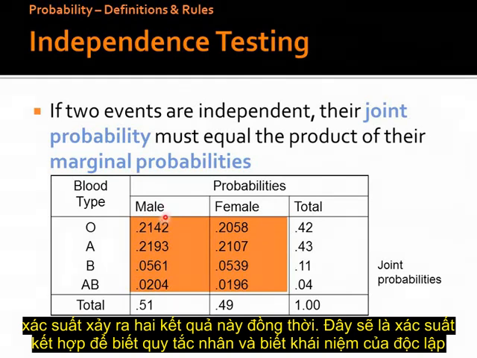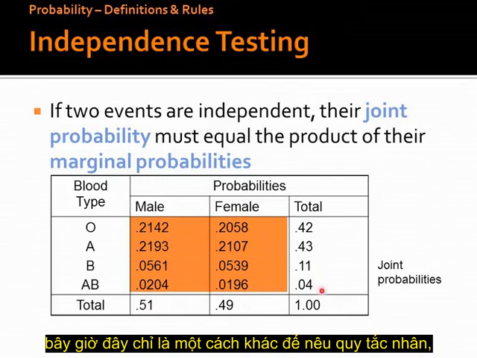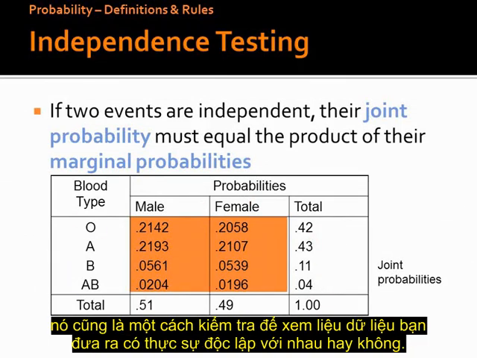So knowing the multiplication rule and the concept of independence, if two events are independent, then their joint probabilities, all of them here, must equal the product of their marginal probabilities. This is just another way of stating the multiplication rule. It's also a way of testing whether the data you are given is actually independent.